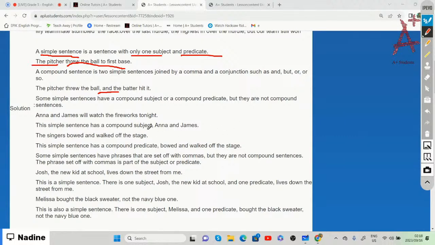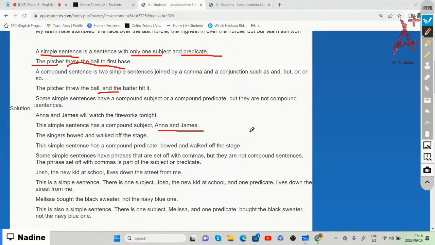And there we have a compound subject, which is, for example, Anna and James, Jack and Jill, Amy and Zoe. Then, if we look at a compound predicate, remember we said a predicate is the action part.